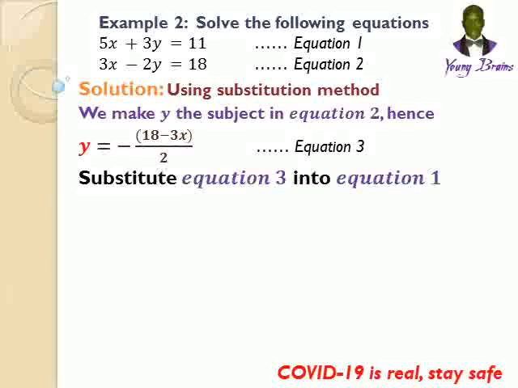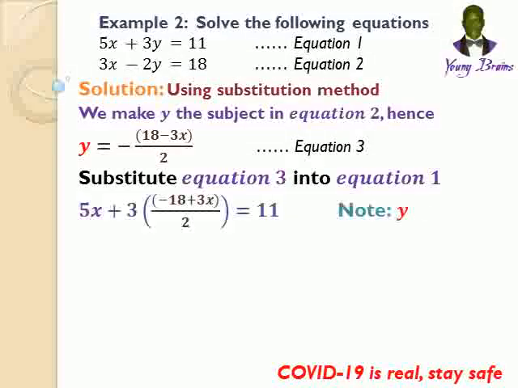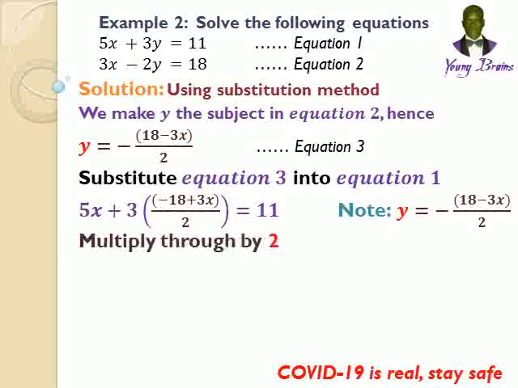Then we go further to substitute for the value of y in equation 1. That is, we put equation 3 into equation 1. It then gives us 5x plus 3, instead of y, we put in the value minus (18 plus 3x) divided by 2, equals 11. We multiply through by 2 in order to remove the denominator 2 from the equation.